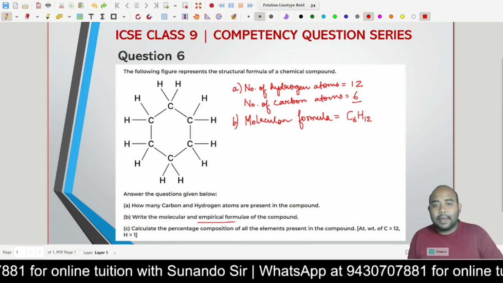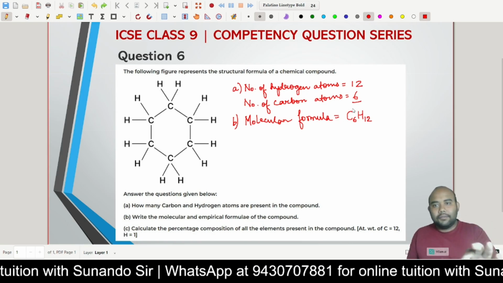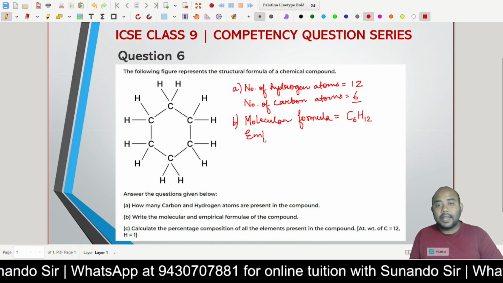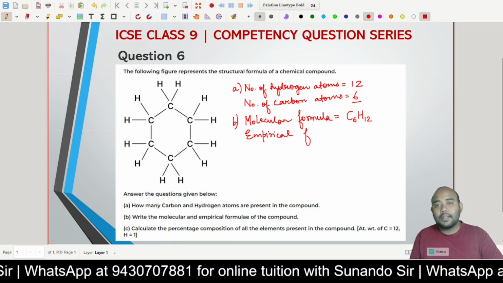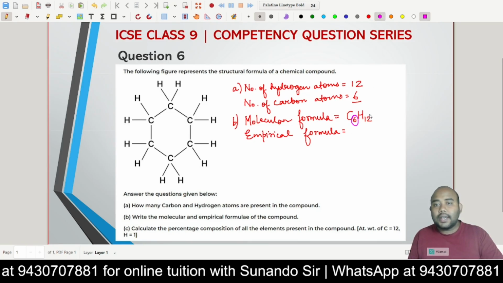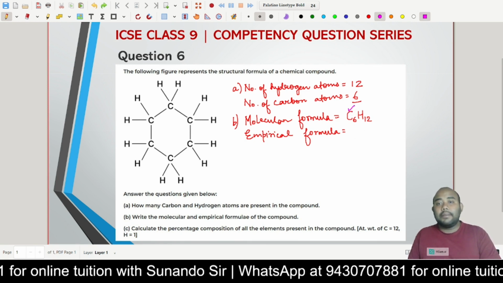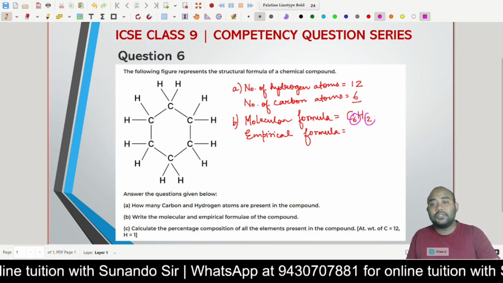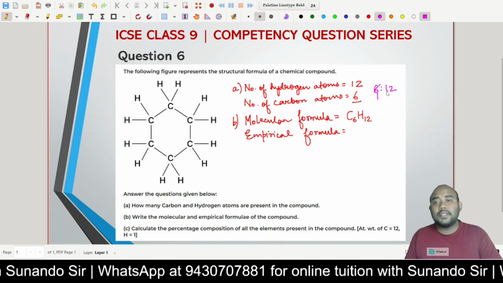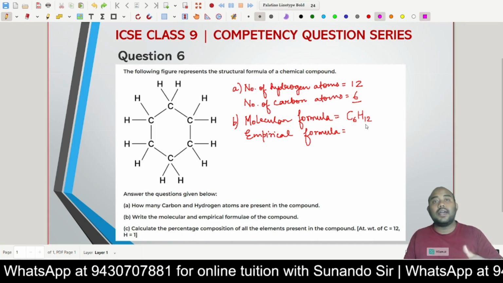Now we have to write the empirical formula. Empirical formula is the formula in the smallest, simplest ratio. In empirical formula, we represent the 6 and the 12 in the simplest form. The ratio of carbon and hydrogen, which is 6:12, if we reduce it to the simplest form, 6 divided by 6 is 1, 12 divided by 6 is 2, so it is a 1:2 ratio.